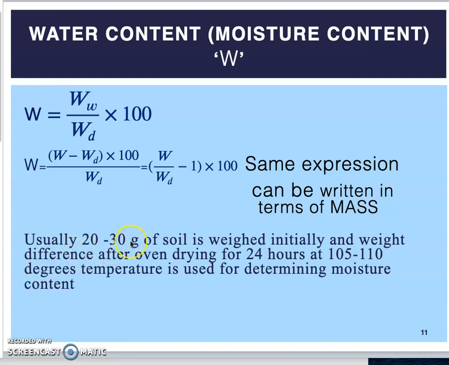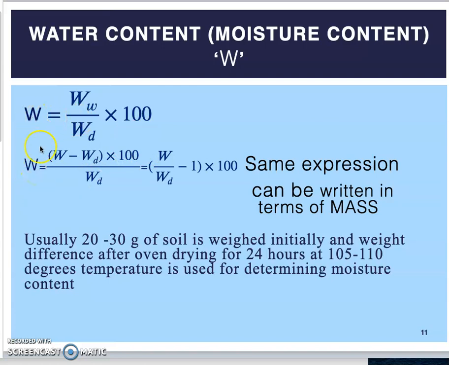Around 20 to 30 grams of soil is weighed with water, then it is kept for oven drying for 24 hours at 105 to 110 degrees Celsius, and after 24 hours, once it dries in the oven, it is taken out and weighed again. Now that weight will be Wd. From the initial weight and dry weight, we find the difference divided by dry weight, in percentage, which gives you water content. It is written as small w.